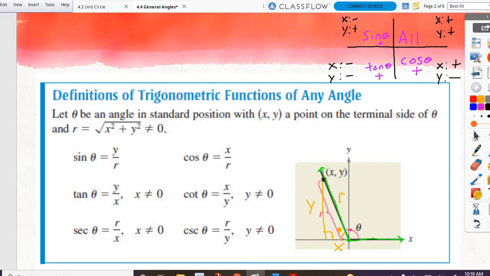So the way that we can remember which one is positive is a smart trig class. Are you with me? Because sometimes it'll be important for us to know which of my trig functions is positive and which is negative. And we're about to look at an example of why.